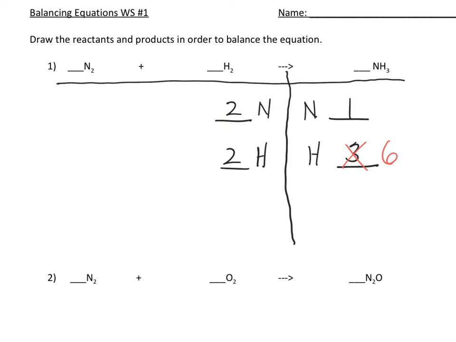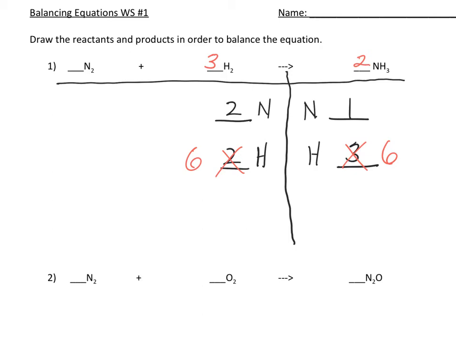All right, I multiplied by 2, so I'm going to use a 2 for the coefficient. Now I have 6 hydrogens on the right side. In order to make this 2 into 6, I need to multiply by 3, okay? And that means I'm going to put a 3 in the coefficient for hydrogen.